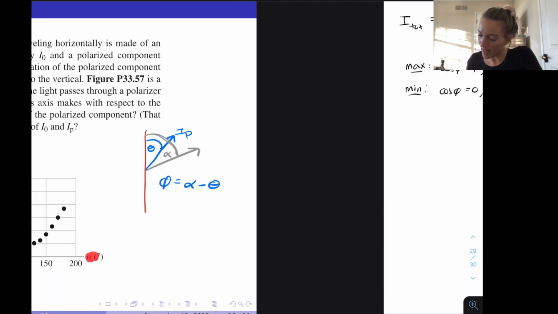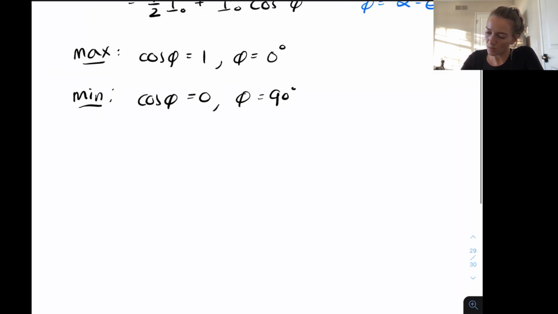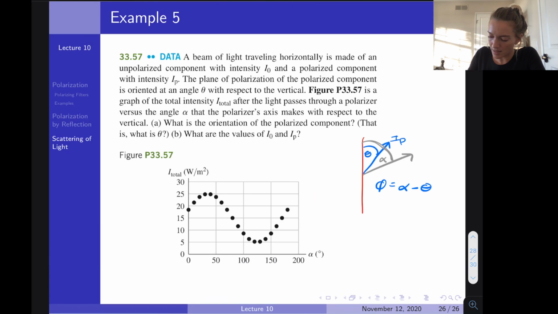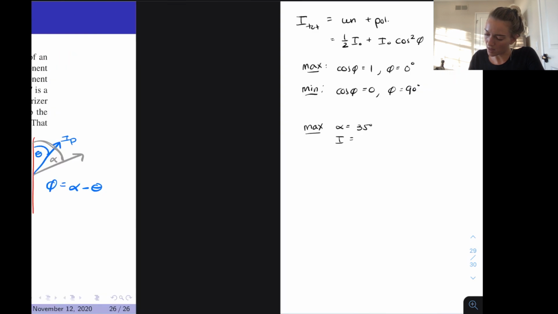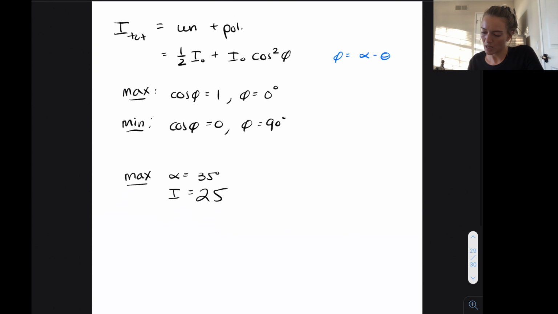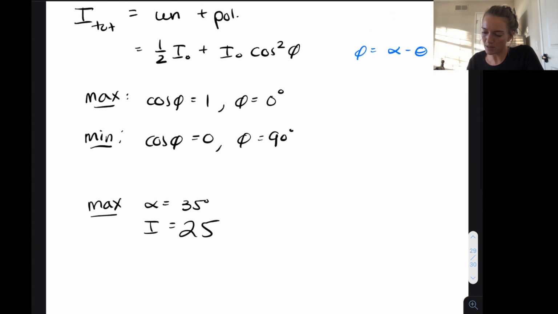And this is alpha here. So we have this maximum when alpha is 35 degrees and the intensity was about 25. So we said a maximum happens when phi is 0 degrees, and we said that phi was alpha minus theta.